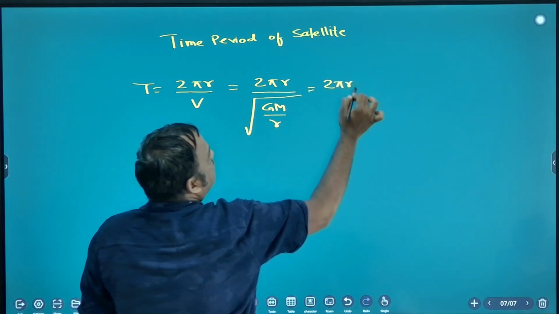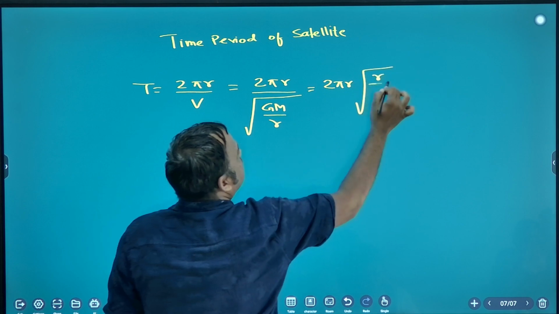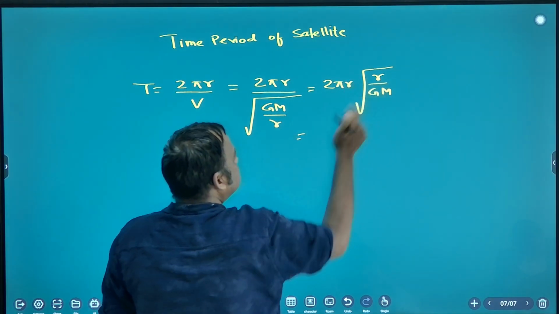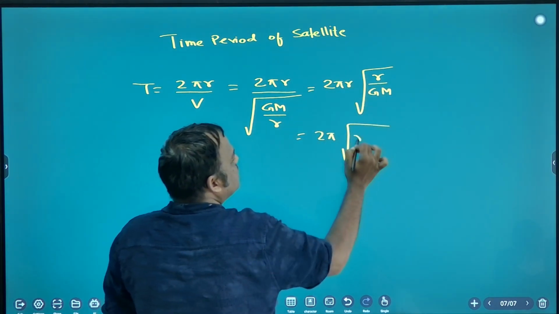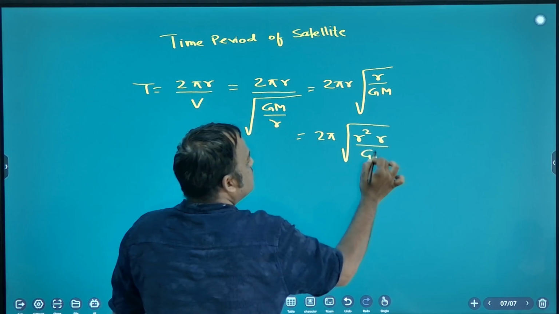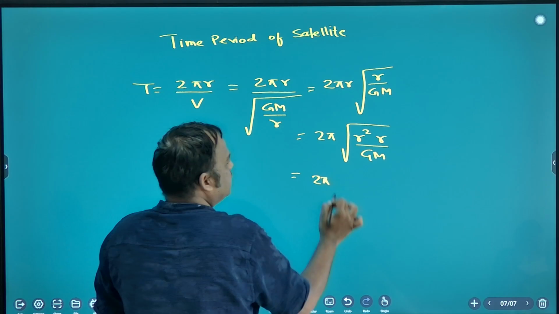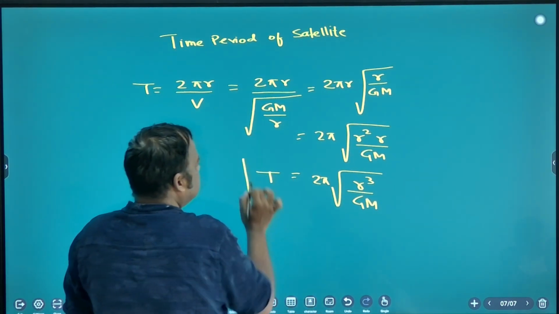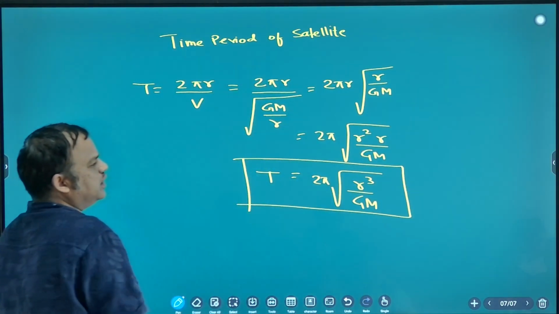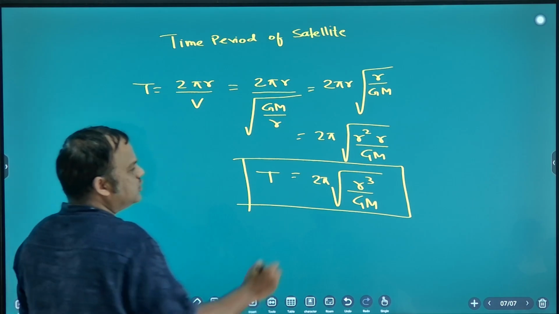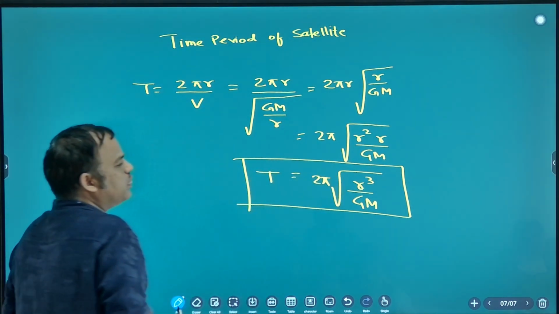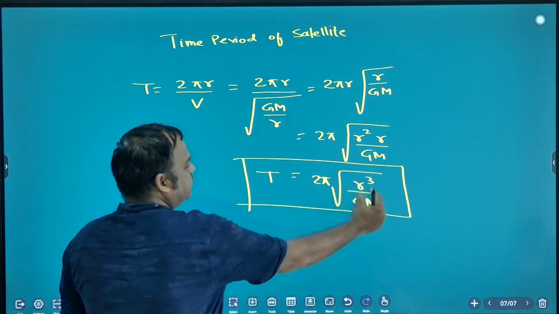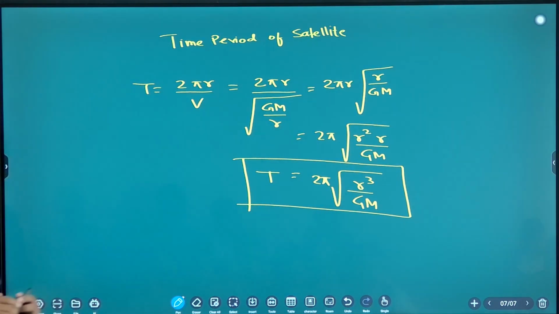So 2 pi r square root r by GM. Now take this r inside. Inside root it will become r square, so r square into r will become r cube. This is the formula for time period of satellite. Note down. 2 pi square root r cube by GM. Okay, clear? Very easy.